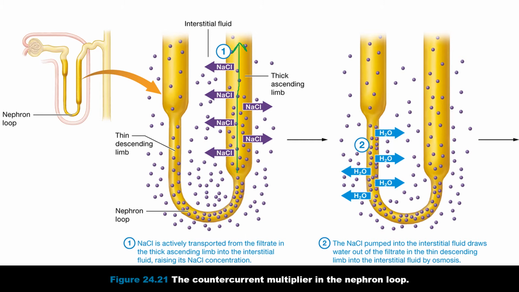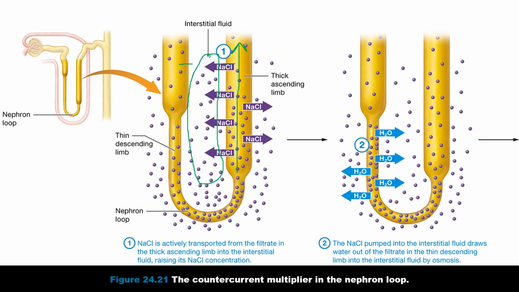As fluid travels up, it's going to pump all that sodium chloride out, right? And so this is going to be actively transported out into this interstitial fluid. And because these two, the descending limb and the ascending limb, are so close, they actually affect each other.